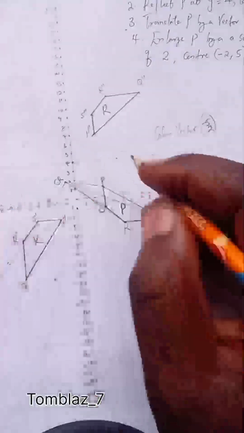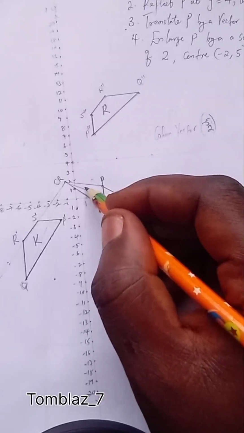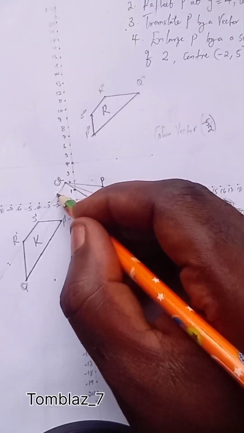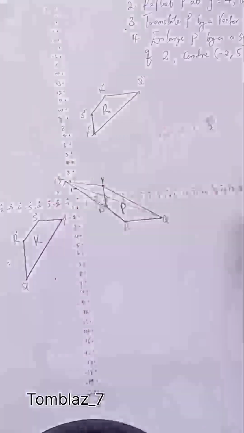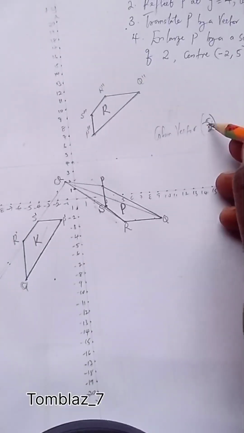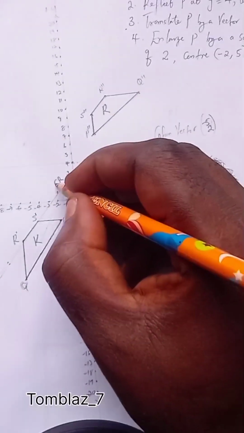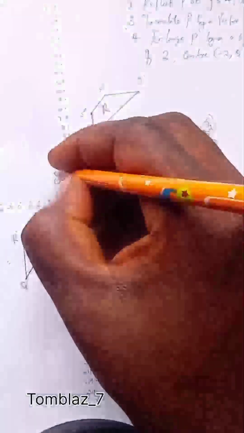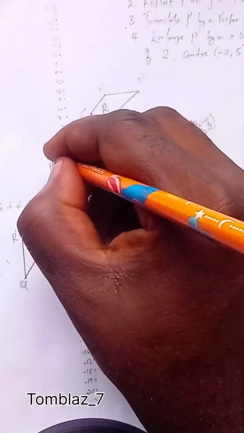So we count minus 5 this way. So we have 1, 2, 3, 4, and 5. This is the point where we get the value for x, but they say plus 2, so we move upward twice. 1, 2. This is the point where this p has translated to. So we call it p prime prime prime.